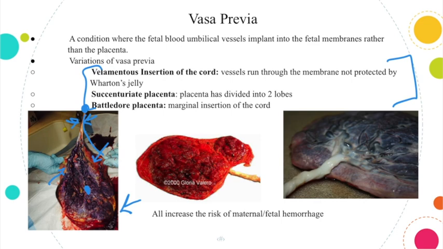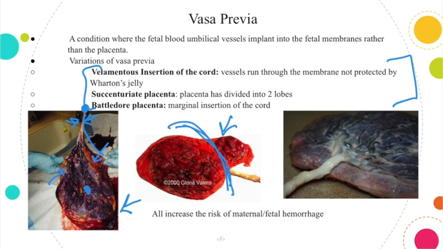And this is the reason, all right? A succenturiate placenta is this here. So this is not as common. This picture came directly from the internet. When you have this kind of placenta, there are 2 lobes. So normally there's only 1 lobe. You know that, right? So this is what will be delivered.